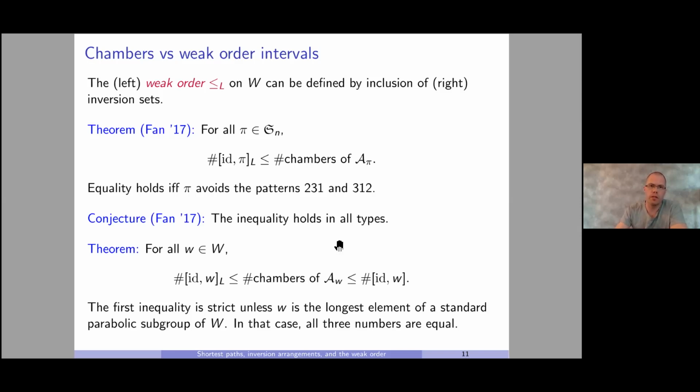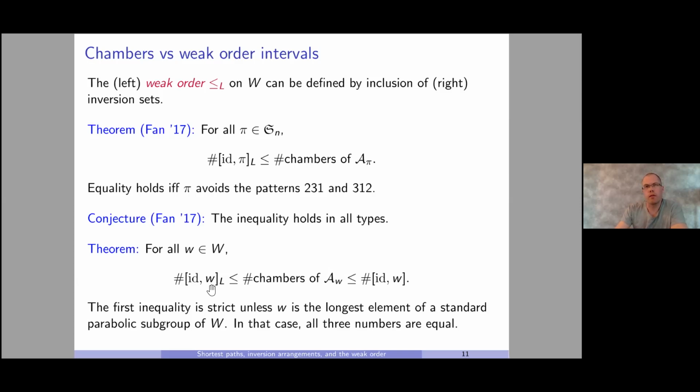Actually, more is true. I didn't write this on the slide, but if you think about this map phi, this injective map from the MBC sets to the Bruhat interval, the cardinality of the MBC sets is the same as the number of chambers. So that means that the image of this map has this cardinality, the number of chambers. And in fact, what we can prove is that this weak order interval is always in the image of phi.